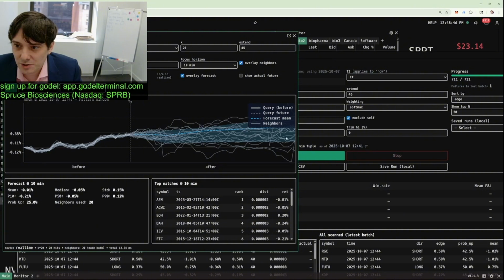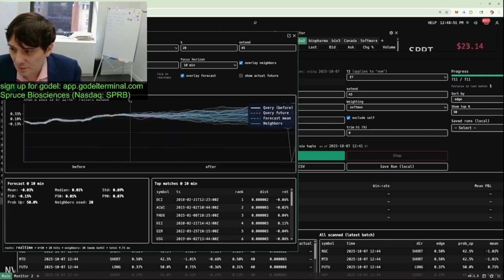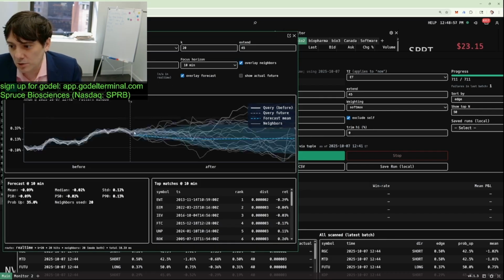Then it shows you what actually happened in the future, if the time was before now. But obviously for the other stocks that already happened in the past, it can show you what the roll forward was. And over here, you get those statistics, and you can change the amount of neighbors.